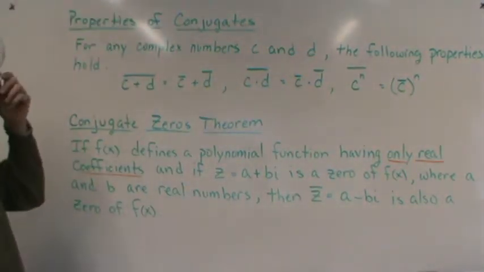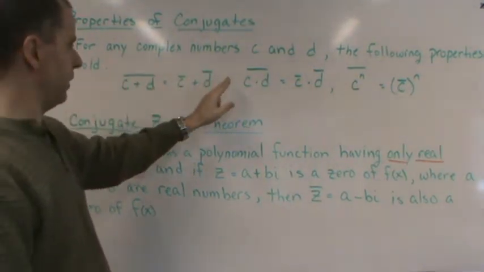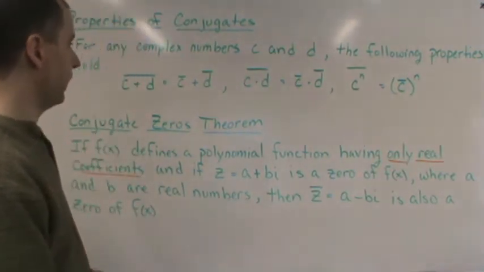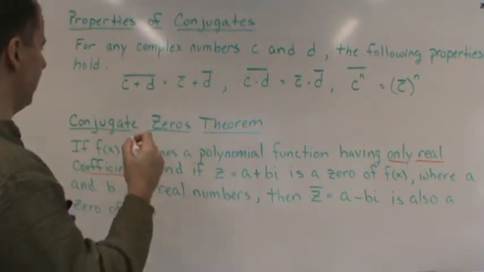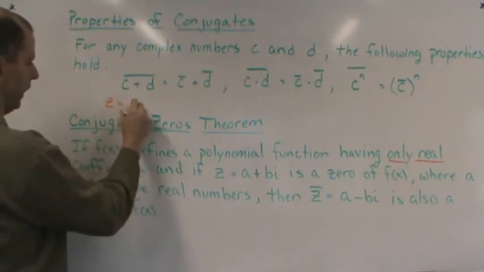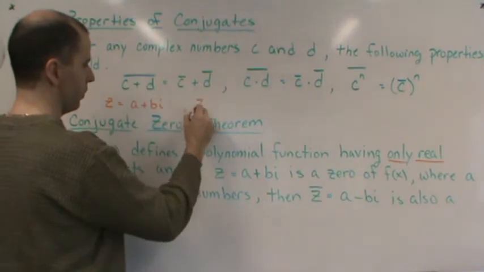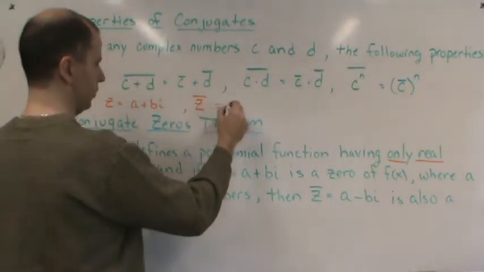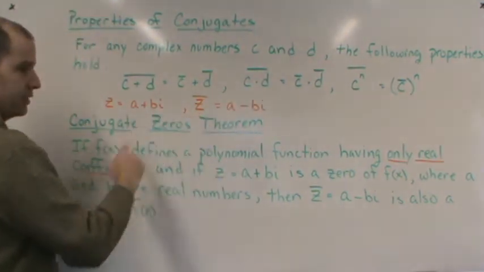Again, just for notation purposes, this bar over these letters means we're going to talk about the conjugate of something. For example, when we talk about complex numbers, if I have z equal to a plus bi, then the conjugate, which we would denote by z with a bar over it, is equal to a minus bi, and these are called conjugates of each other.